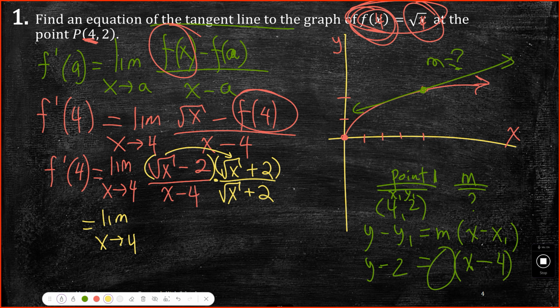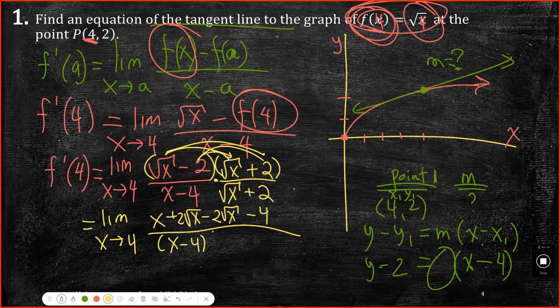The square root of x times the square root of x is x. The square root of x times 2 is positive 2 square root of x. Then you have minus 2 square root of x. That's the whole point of doing this: they cancel in the middle. And minus 4. At the bottom, leave it alone: x minus 4 times the square root of x plus 2.